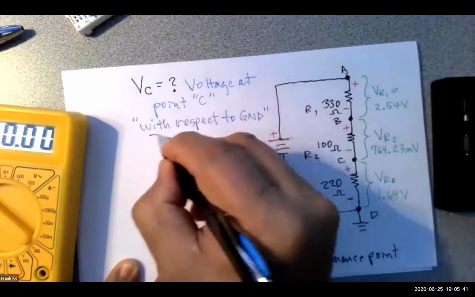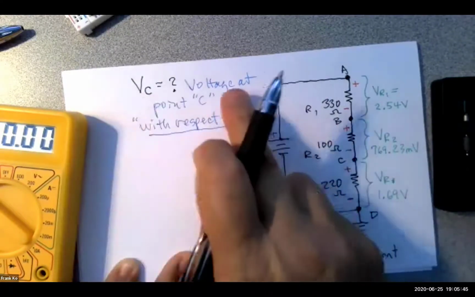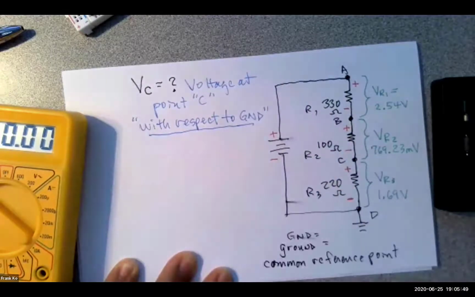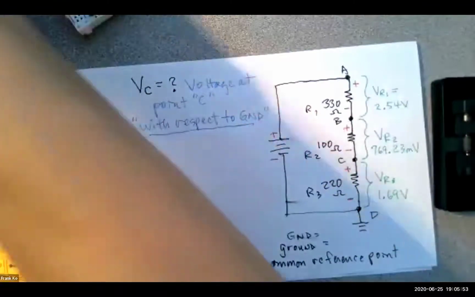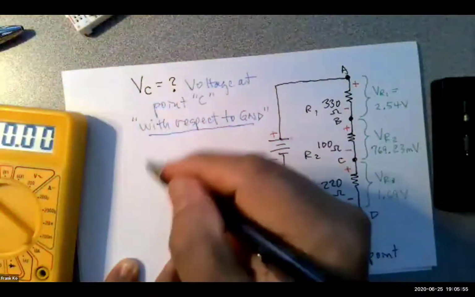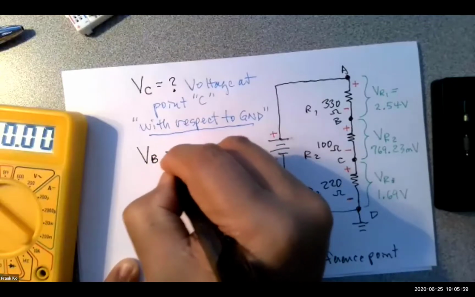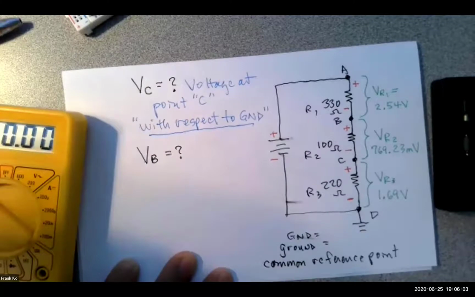That is a very common phrase. So when you see voltage specified at a single point, you will read this as voltage at point C with respect to ground. So how about if I were to show you, well, how about VB equals question mark? How will you read that?